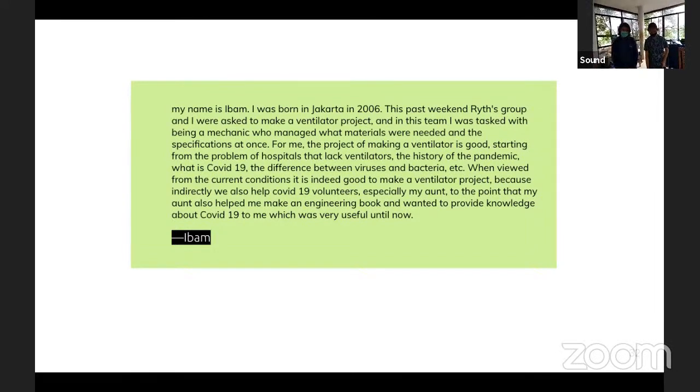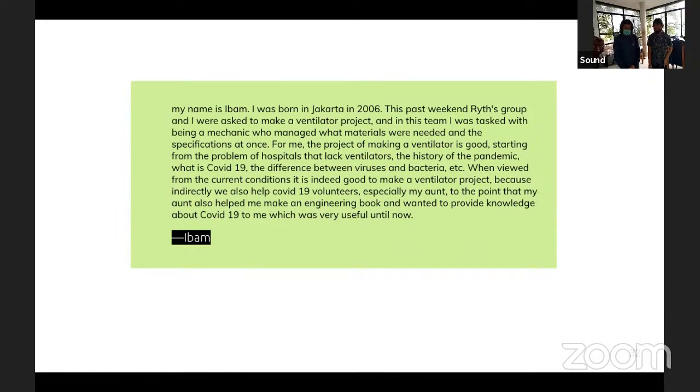For me, the project of making a ventilator is good, starting from the problem, hospitals, the history of ventilators, the history of pandemics, what is COVID-19, the difference between viruses and bacteria and the others.